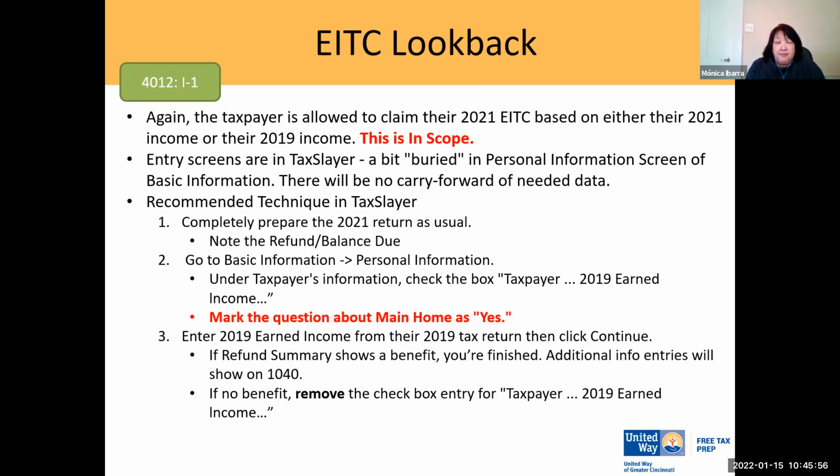So it's really important that in order to be able to do this, what you're going to do is prepare the return as usual. And then you're going to note what the balance or the refund amount is due.